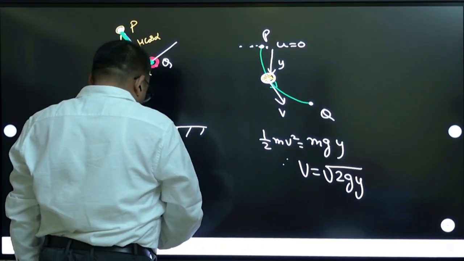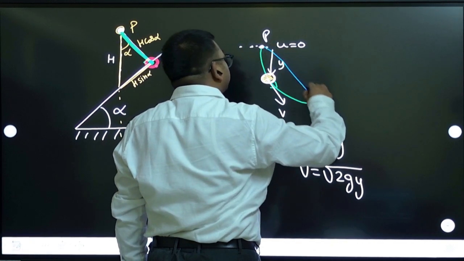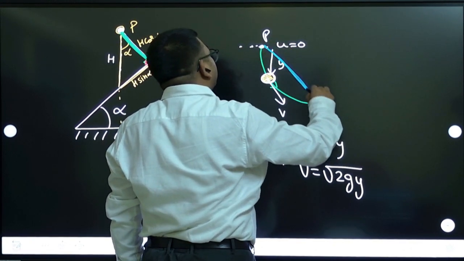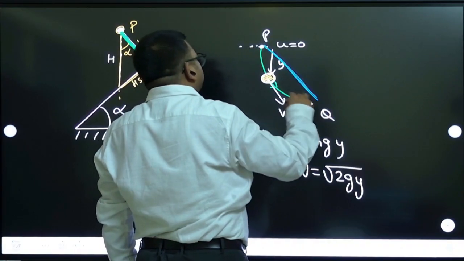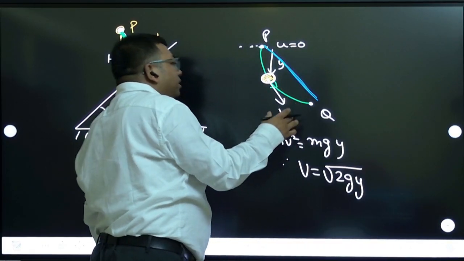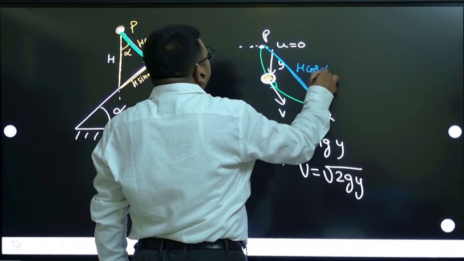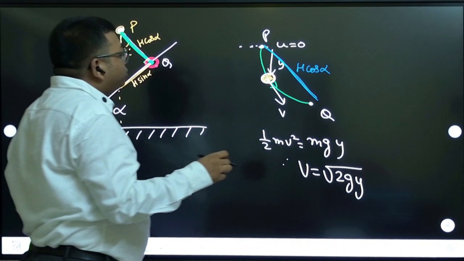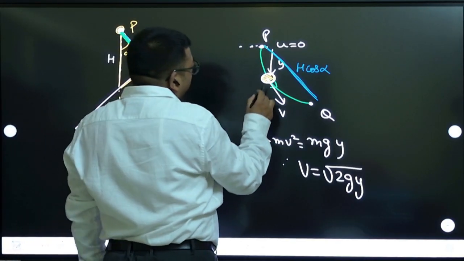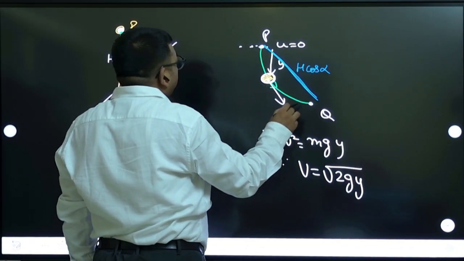Also note that if we are considering displacement, then in this direction you have to look. So in this direction, you need to find out how the body is covering, and this displacement we know, which is h cos alpha. This we know, right?